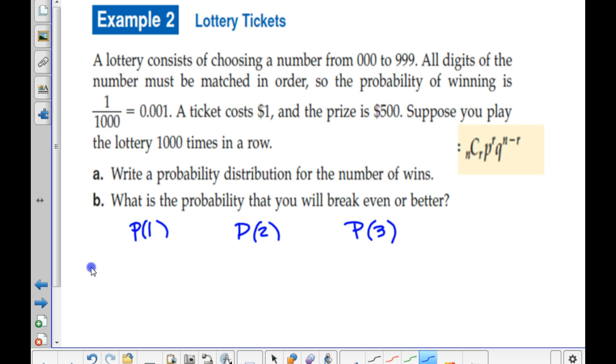Okay. The probability that you win once is out of, we're playing 1,000 times in a row. So out of 1,000 trials, you're going to win once. What's our probability of success? 0.001. Sorry, I wrote that wrong.